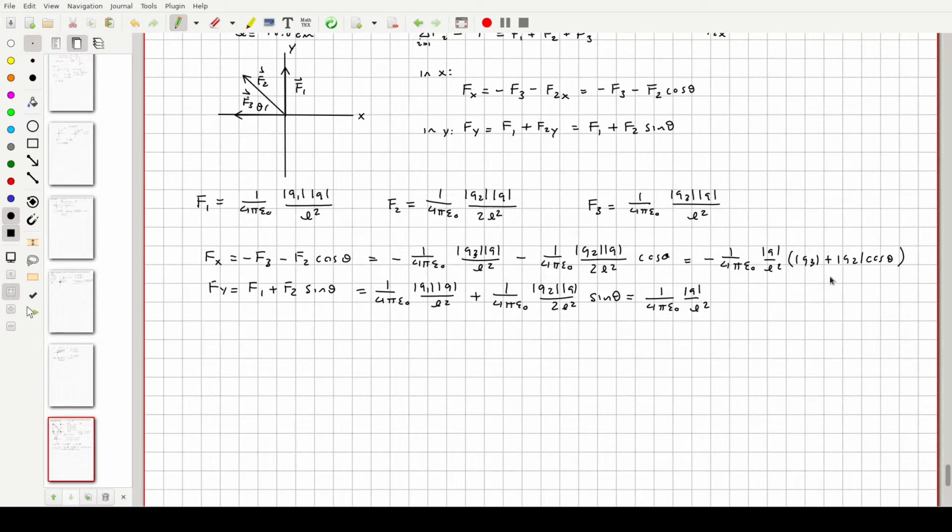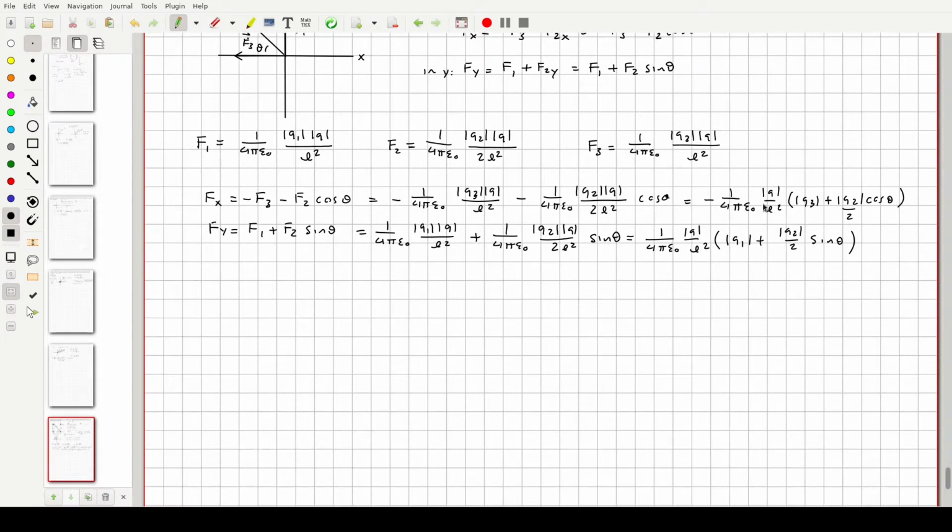Oh, this term right here has a 2 on the bottom. And here, they're added together, obviously. So it's going to be Q1 plus Q2 over 2 times sine of theta. So there you go. We have both of our components.